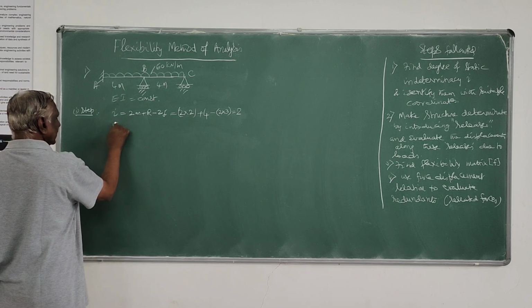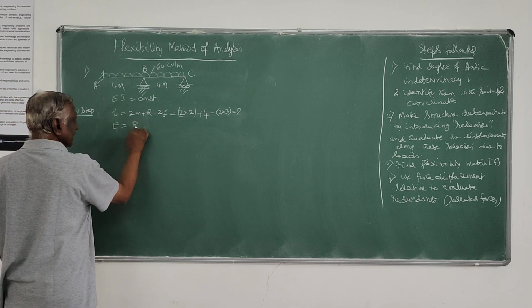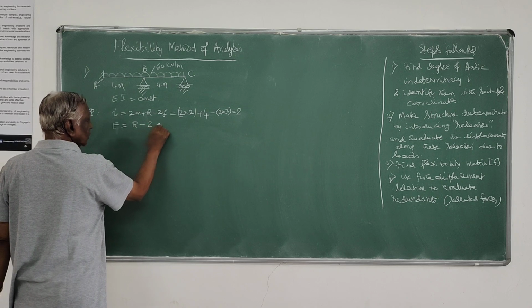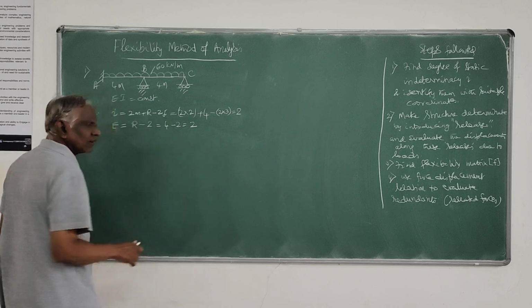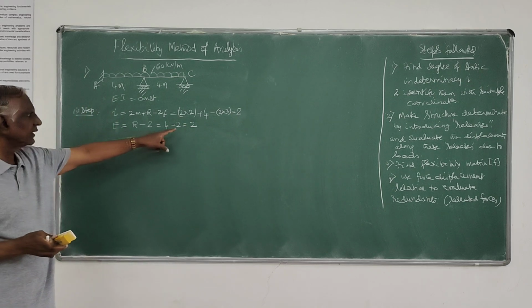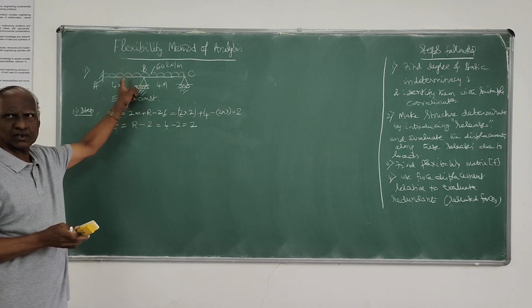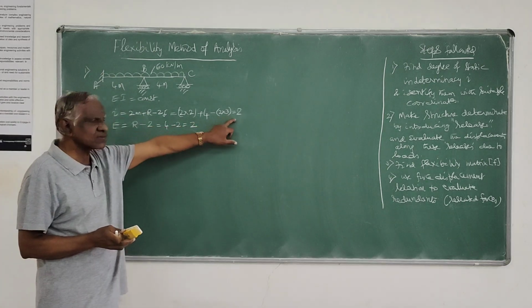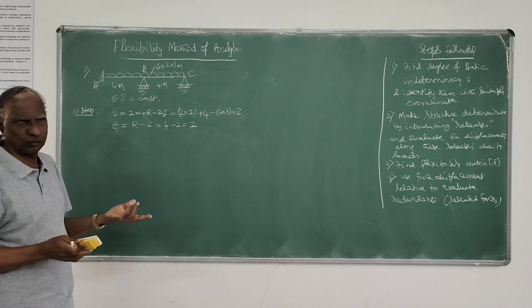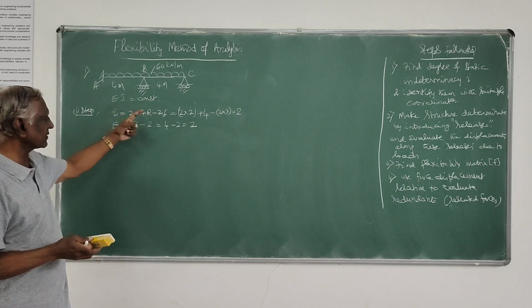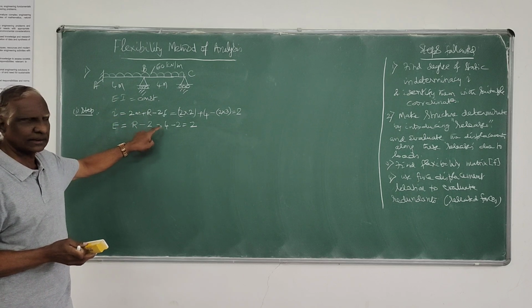And the degree of external static indeterminacy is r minus 2, that is r is 4, minus 2, 2. So this particular structure is externally indeterminate to the degree 2. Total indeterminacy is 2, so internal indeterminacy is 0, that is total indeterminacy minus external indeterminacy.